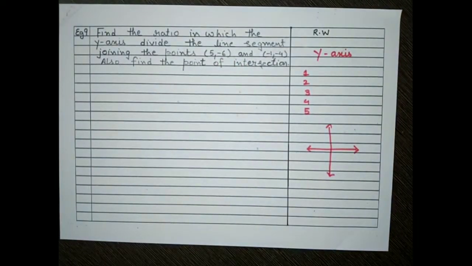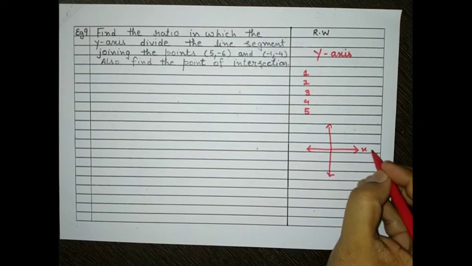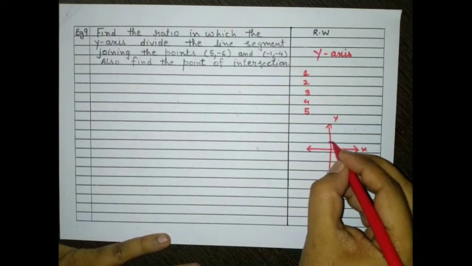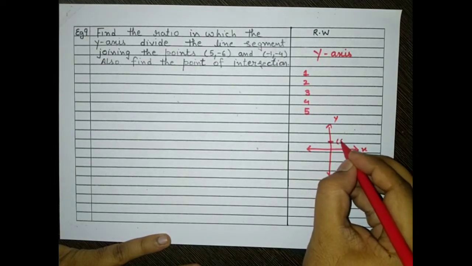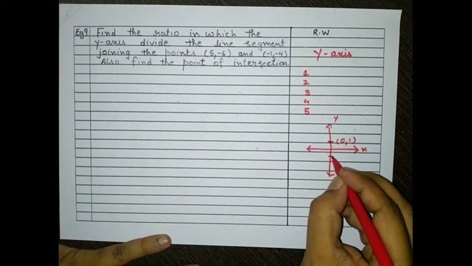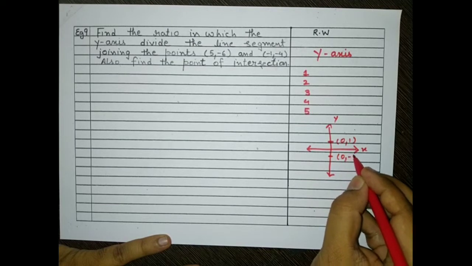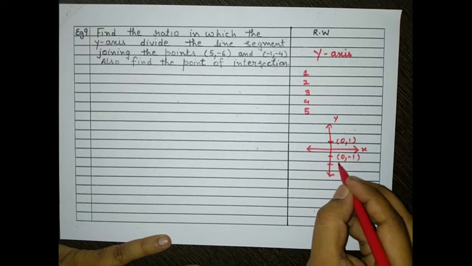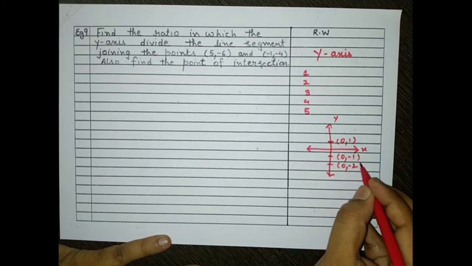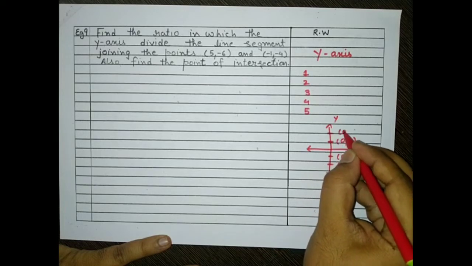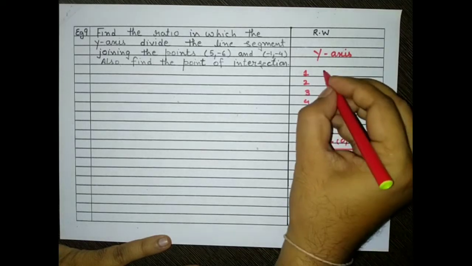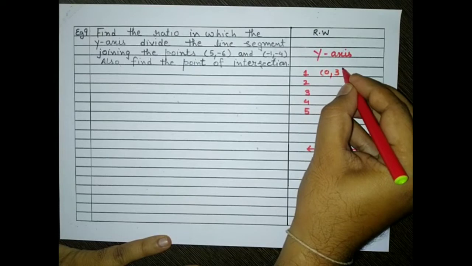Now children, we know that all the points on the y-axis are of a certain type. Let us say this point is (0, 1), this point is (0, -1), this point is (0, -2). So you can see in all the points which I am writing, the x part is 0.